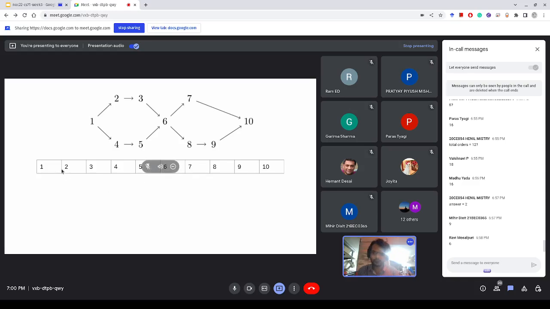So first what I want you to do is just tell me if the current order that is written is a valid topological order or not. I'm getting answers here.